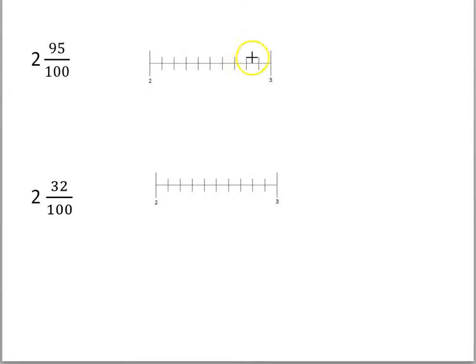So I'm going to put my 95/100ths right in the middle. So again, 2 and 10/100ths, 20, 30, 40, 50, 60, 70, 80, 90, 91, 92, 93, 94, 95, 2 and 95/100ths. Let's look at the next one.